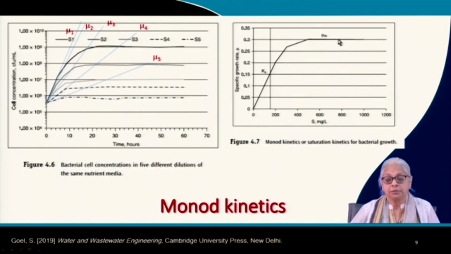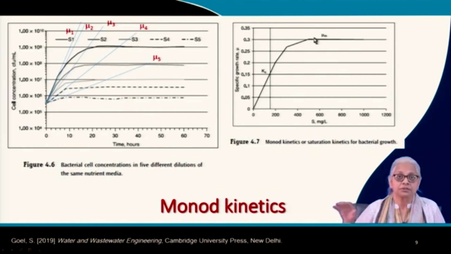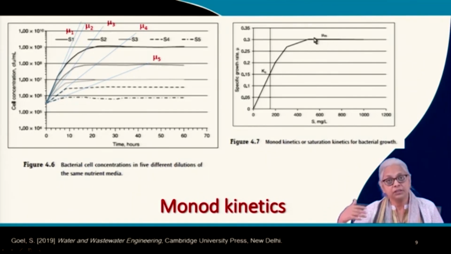Now there is a point at which you get maximum growth rate. Regardless of what your S value is, you can continue increasing S beyond this point, the mu value will not change. So that is my mu max. Then we define another parameter called Ks.